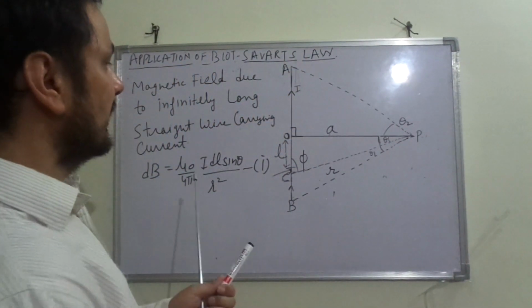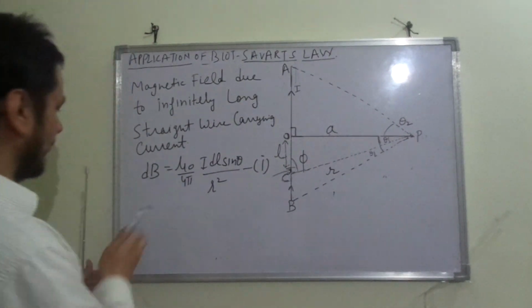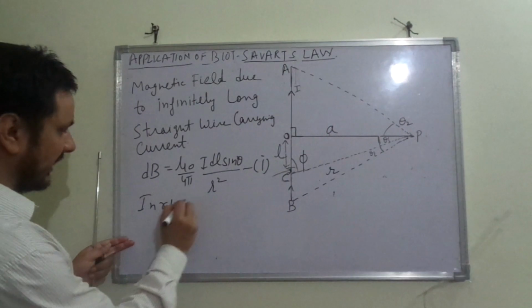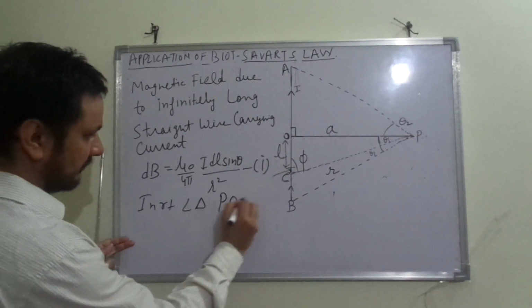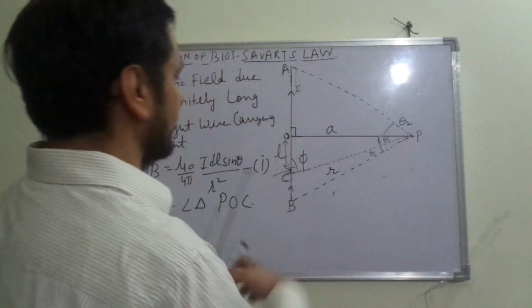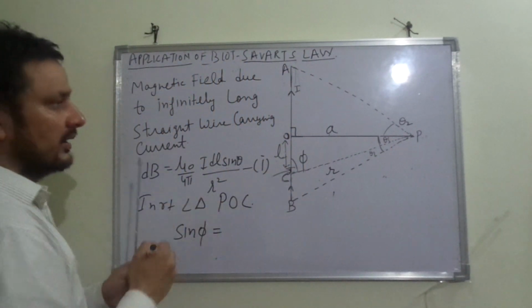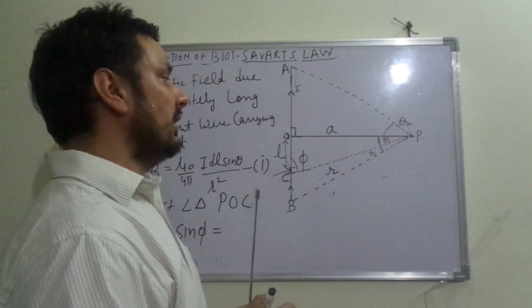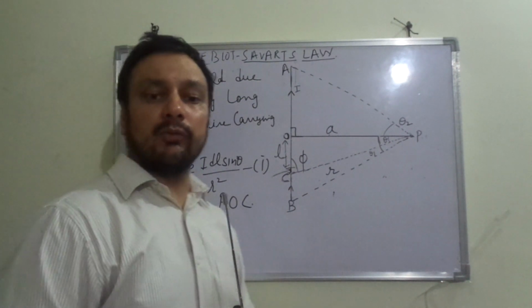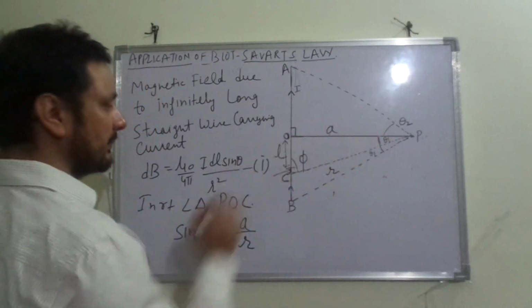Now students see, in right angle triangle POC we can see sin phi. What is sin phi? Sine is perpendicular upon hypotenuse, so it will be equal to A upon R. The perpendicular is always the side opposite the angle.